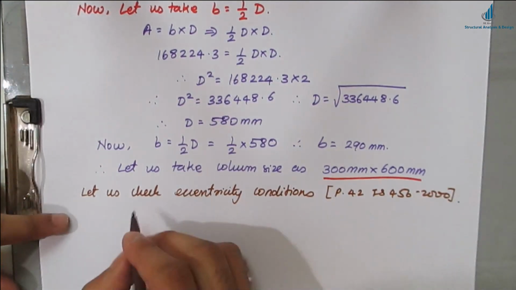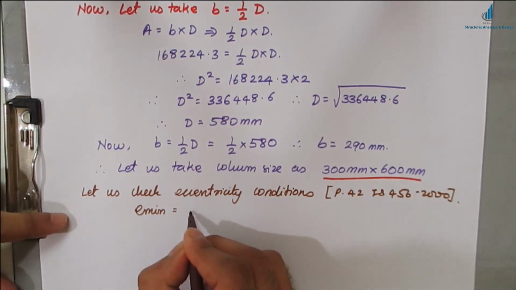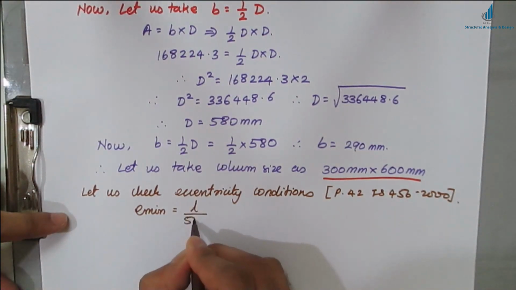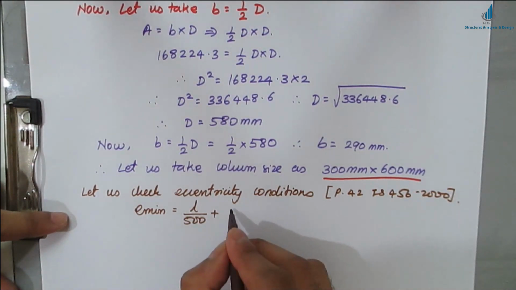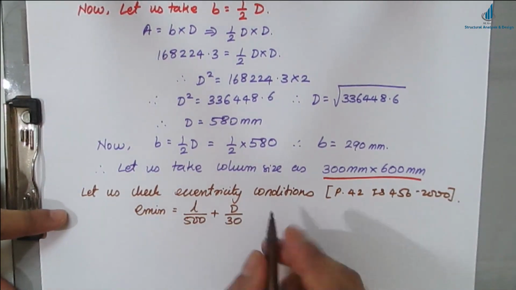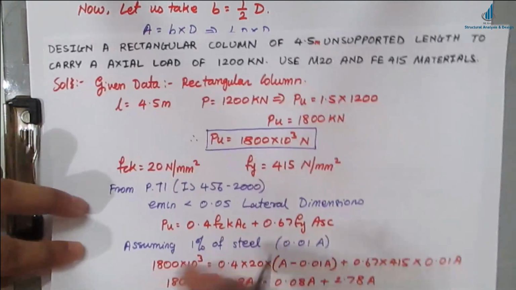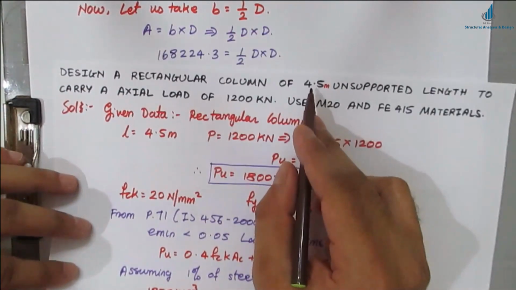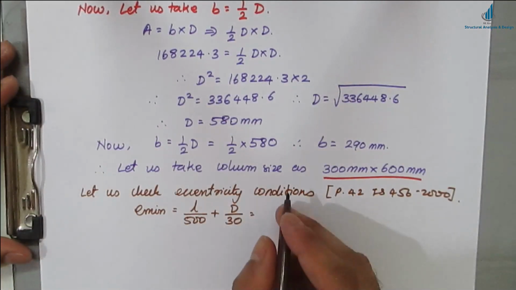So what it says, E minimum equals unsupported length of column divided by 500 plus the lateral dimension of the column divided by 30. So first we will check with the D. So just substitute. Our unsupported length was 4.5 meters, so it comes 4500 mm.